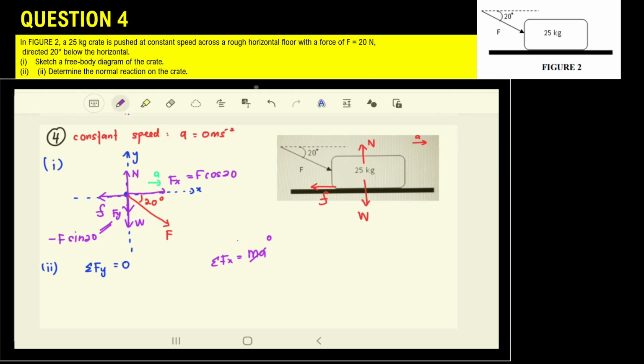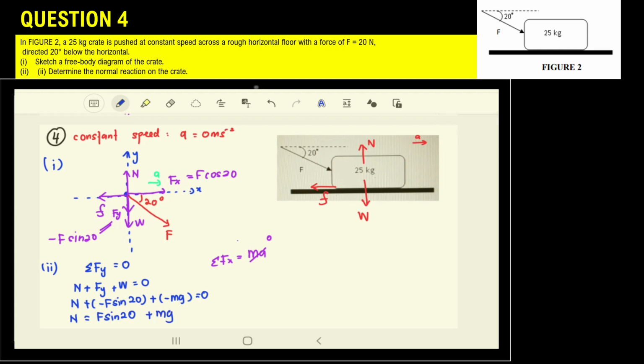Now let's write the equation. The total force in the y component: N plus Fy plus W is equal to 0. But remember, we have direction, because the directions of Fy and W are downward. So N plus negative F sin 20 degrees plus negative mg is equal to 0. So N is equal to F sin 20 plus mg.